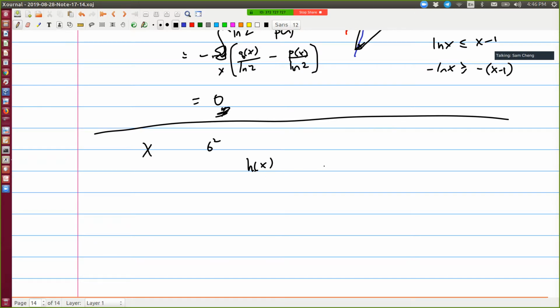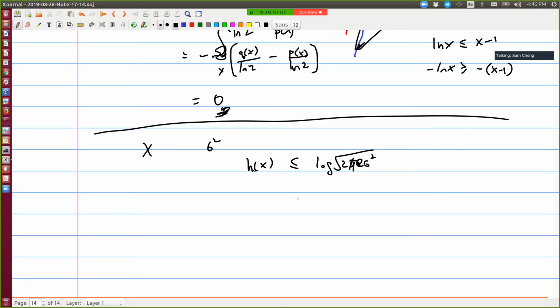So therefore the entropy will be less than or equal to log 2 pi e sigma square, something like that. That is basically the entropy of a Gaussian distribution with variance sigma square.